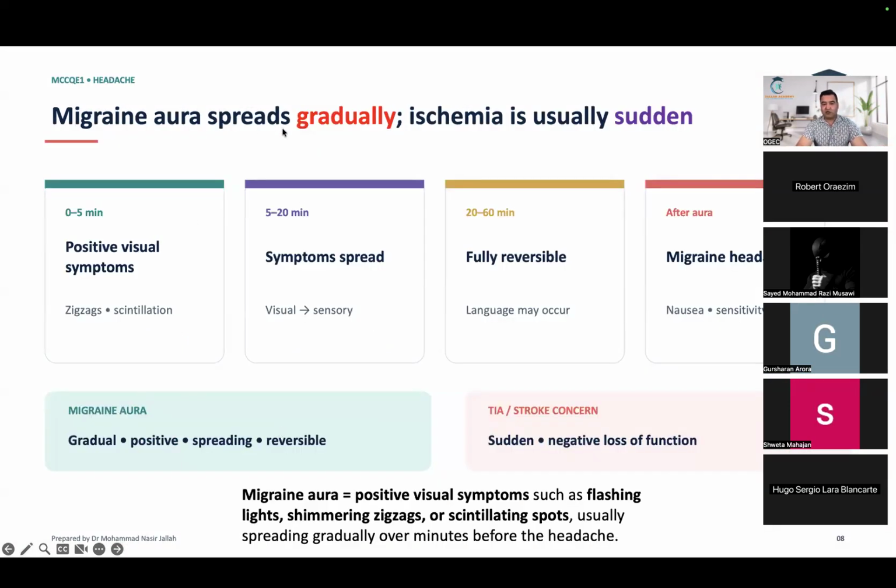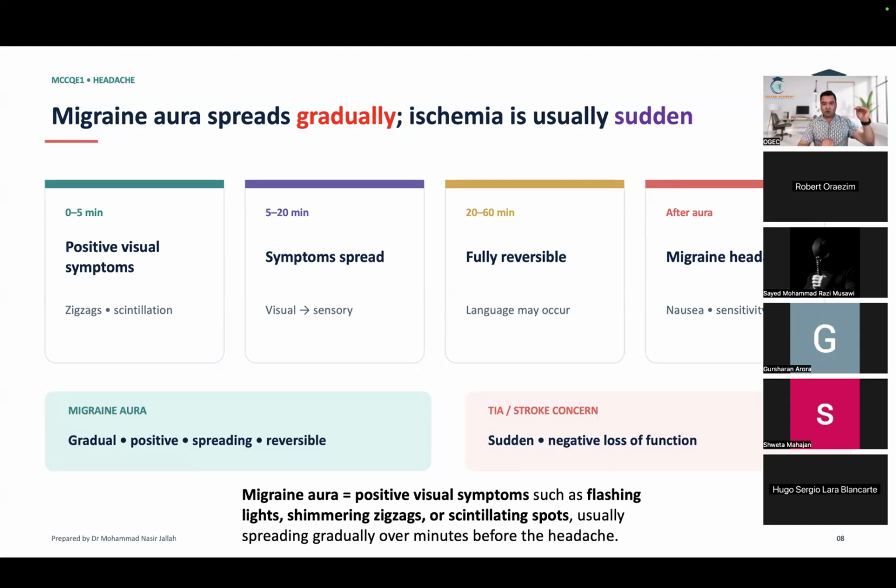So now for the aura, remember, they might give you a scenario with a migraine with aura, and in the options the diagnosis might be migraine with aura, TIA, ischemic stroke, or hemorrhagic stroke, or something else.